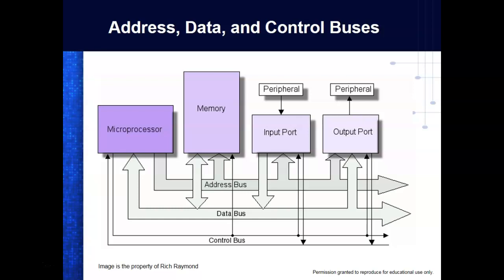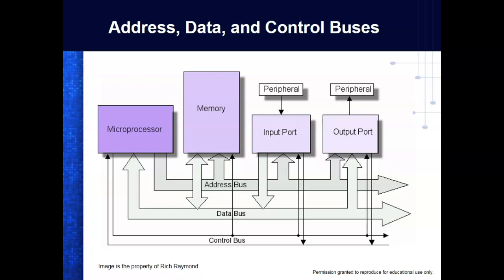Once the device is selected, the communication takes place on the what? The data bus. The data bus is a bidirectional bus, which means the mail person can do what? They can put mail into the box, or they can get mail out. Well, how does the mail person know you want them to take something out? You put a flag up.